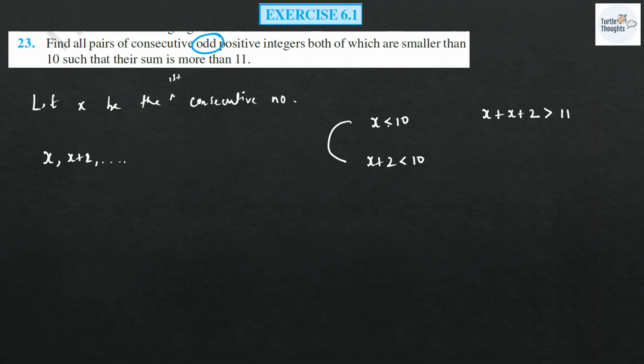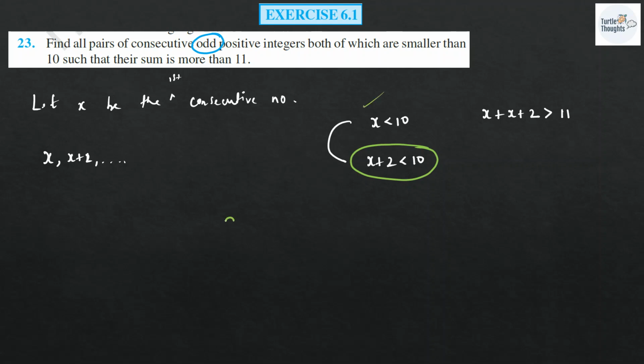So from here, I get to know that x should be less than 10, and x plus 2 also should be less than 10. So can I take up the second one over here? I'll explain the logic why. If I know that x plus 2 is less than 10, automatically x should be less than 10, isn't it?